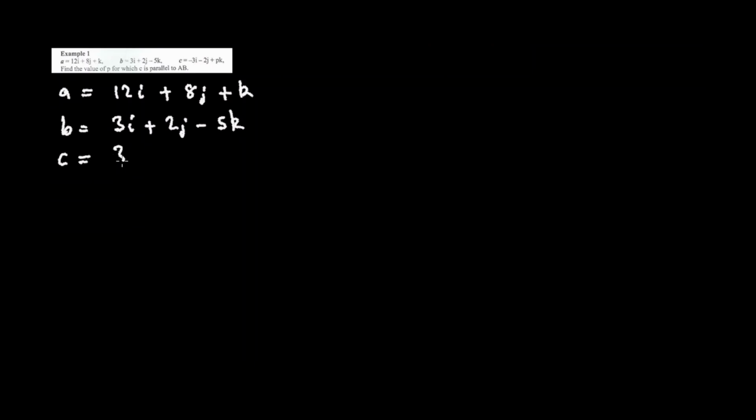And c = -3i - 2j + pk. We are asked to find the value of p. So find the value of p for which vector c is parallel to AB. So we want to find the value of p that makes vector c parallel to AB.